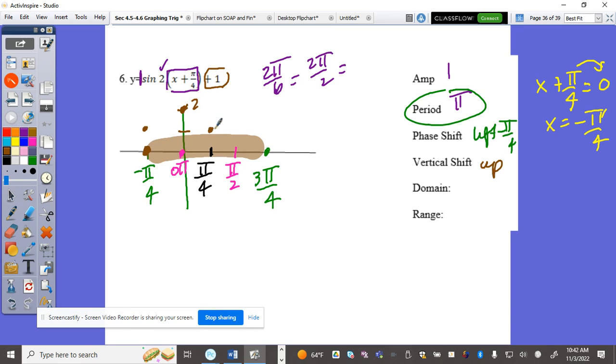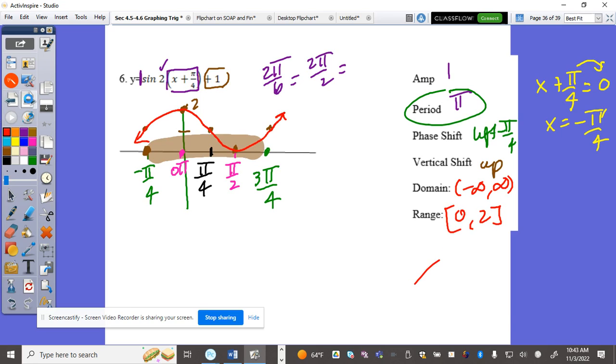And then you're going to go boom, boom. Okay. So the graph of that one, there you go. The domain here is all real numbers. The range here is from 0 to 2.